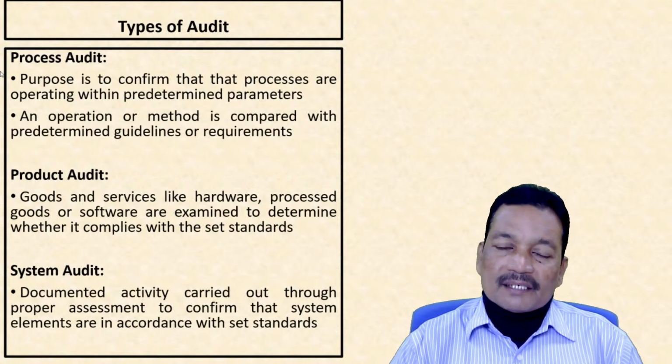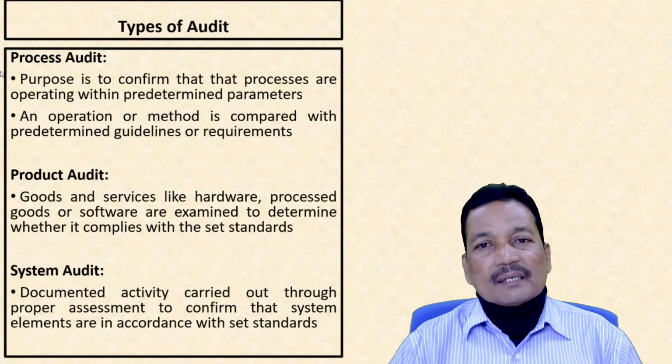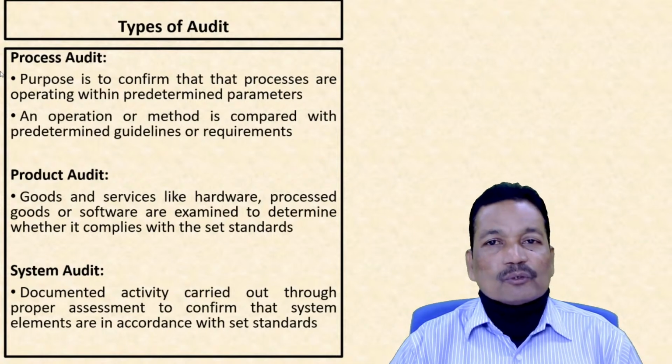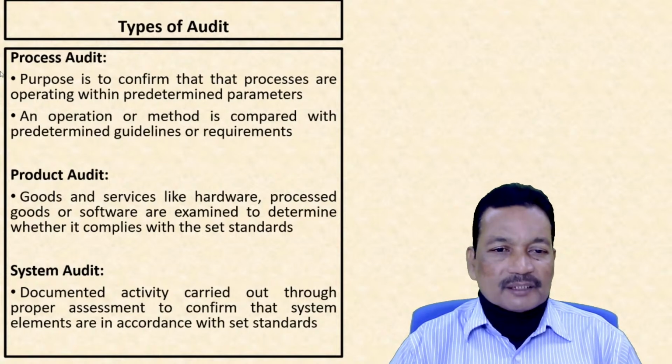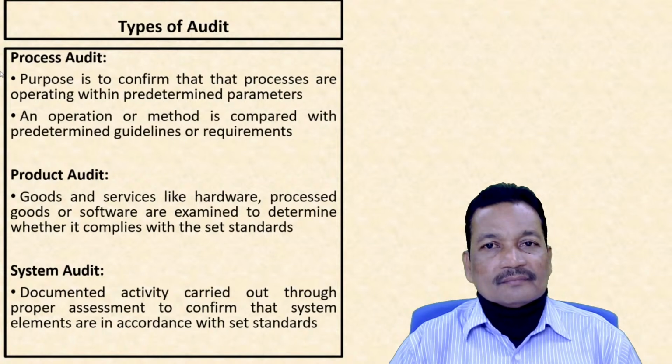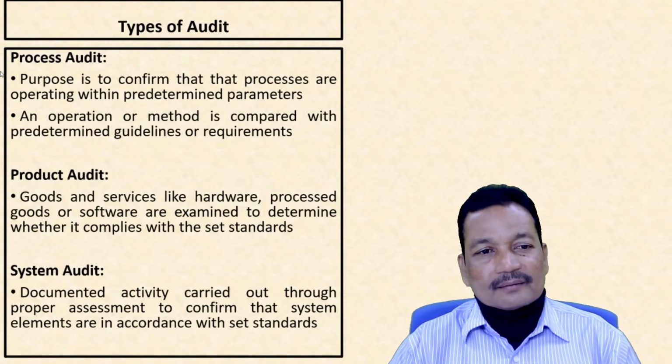Whatever are the dimensions, the quality, the cost envisaged for the output or the product, be it goods or services, whatever are the standards set by the organization, is it able to achieve that?